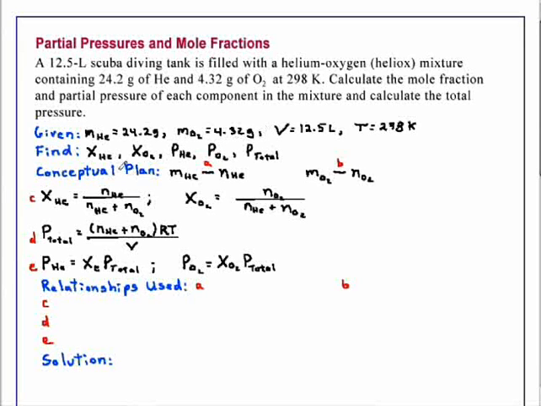In our conceptual plan, we're going to take the mass of each of the components, helium and oxygen, and convert them to moles. After we do that, we can determine the mole fraction of each using the definition of mole fraction, and then we can calculate the total pressure, and then finally calculate the partial pressures.